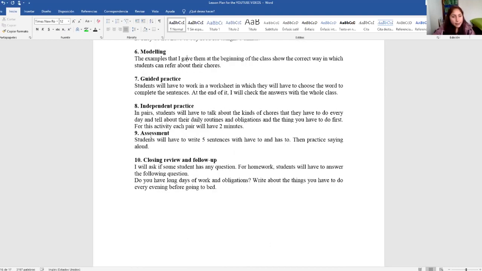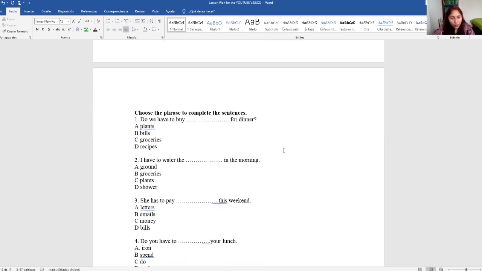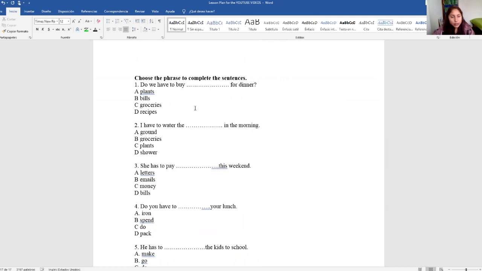Wider practice. Students will have to work in a worksheet in which they will have to choose the word to complete the sentences. So here we have the worksheet, and the students will have to complete as appropriate.